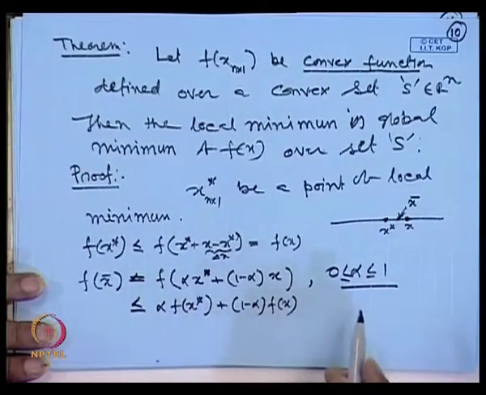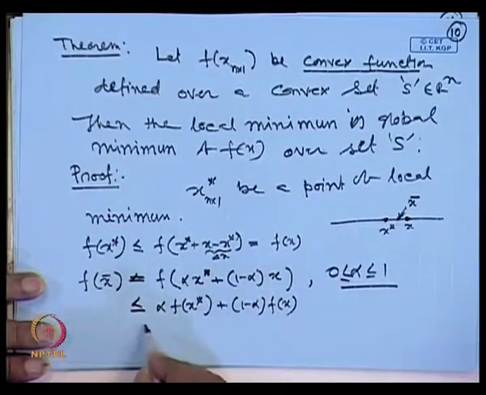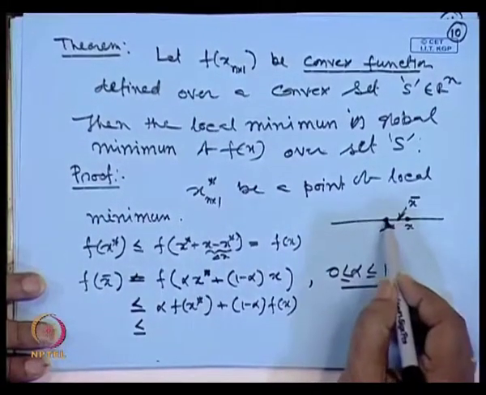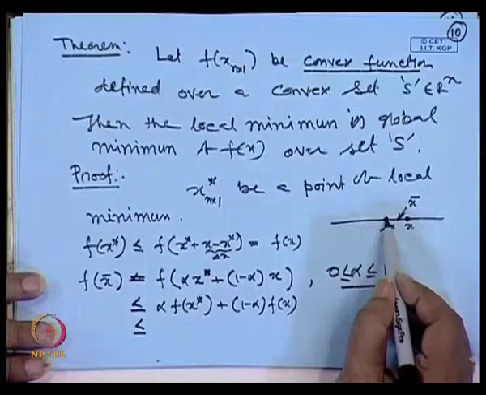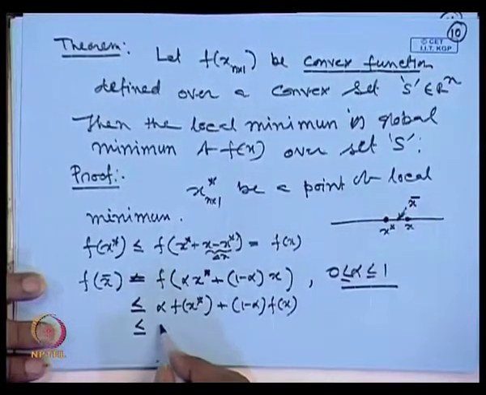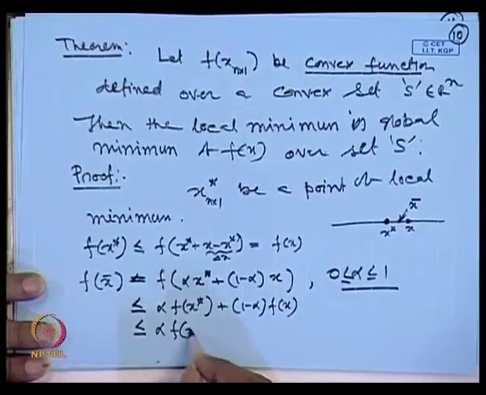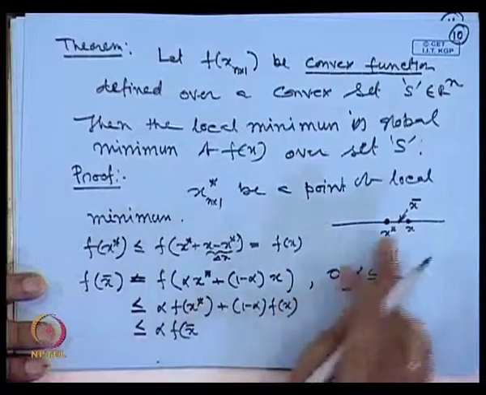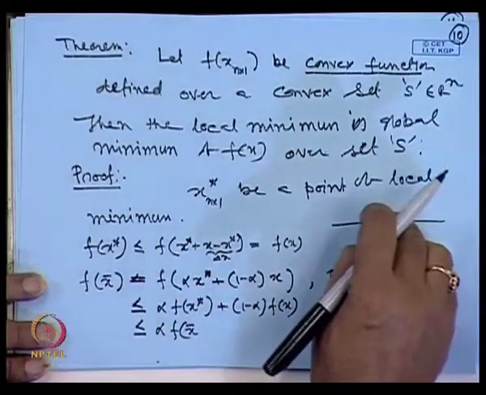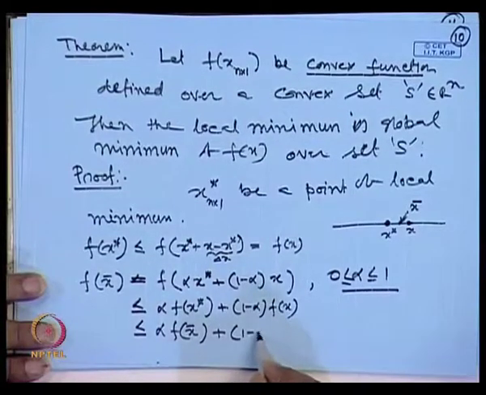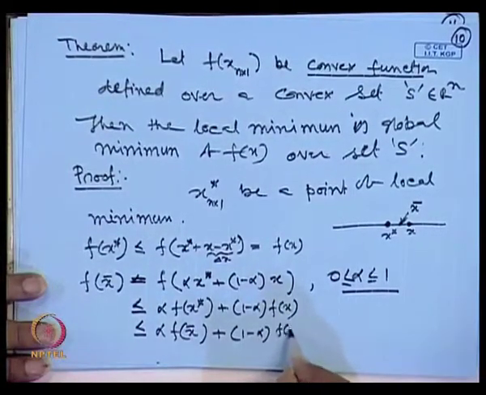Since f of x is a convex function, we can write this. Since x star is an optimal point, a minimum point, and x bar is other than this, if I write x bar in place of x star, f of x star is less than or equal to f of x bar, which is less than or equal to alpha f of x star plus 1 minus alpha f of x.